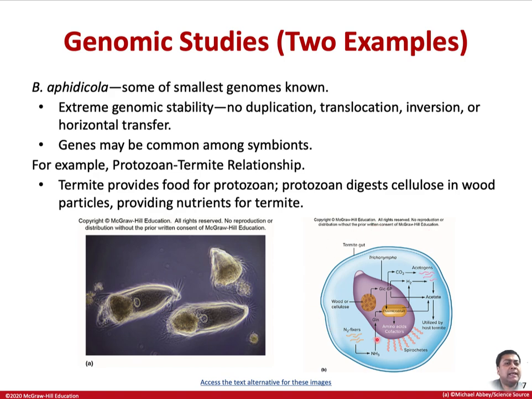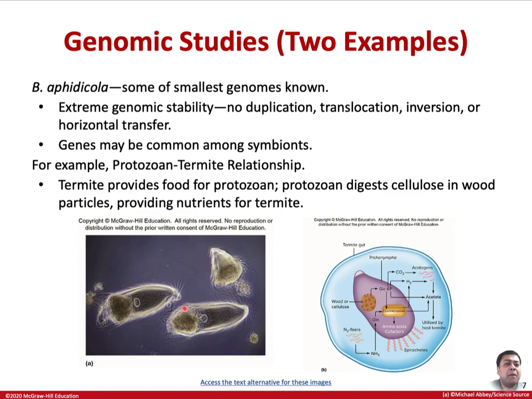Another thing is that from the wood source, they do not get a sufficient amount of nitrogen that is required for their protein synthesis or the nucleic acid synthesis. So for this, they have a very complex symbiotic system in termites. What you are seeing right here is a picture of the Trichonympha species.